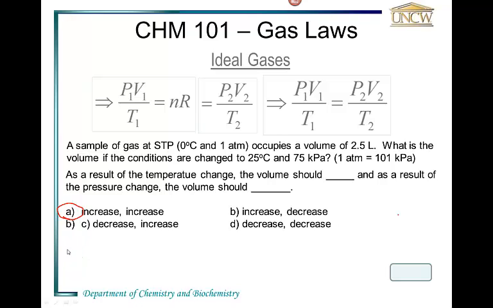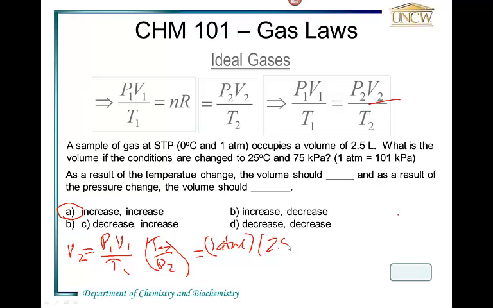All right, so let's do the calculation and see what happens. We're solving here for a volume, so we'll call that V2. According to the equation up here, V2 will be P1 V1 over T1 times T2 over P2. That's going to be P1, which is 1 atmosphere, V1, which is 2.5 liters, over T1, which is 0 degrees, STP, but that's 273 Kelvin.